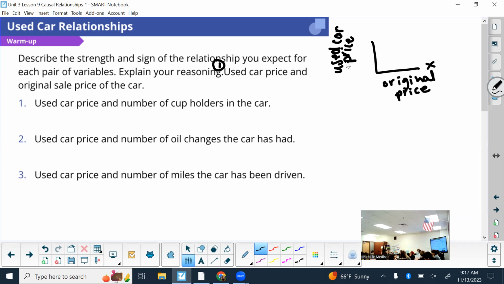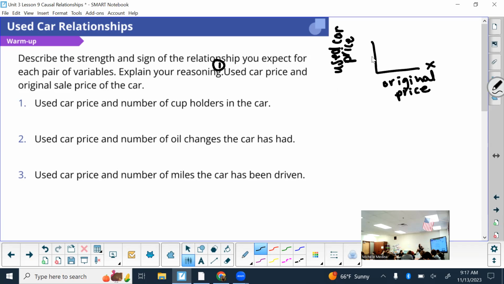So how would you expect it to look? Do you think it would be linear? Do you think it would go up or down? It'll be a very long lesson if we don't get more participation.